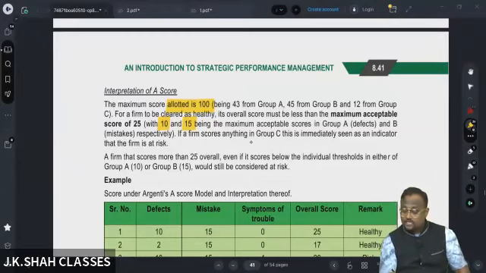A firm scores anything in Group C is immediately seen as an indicator. So a firm that scores more than 25 overall, even if it scores below the individual threshold of A and B, would be considered at risk.